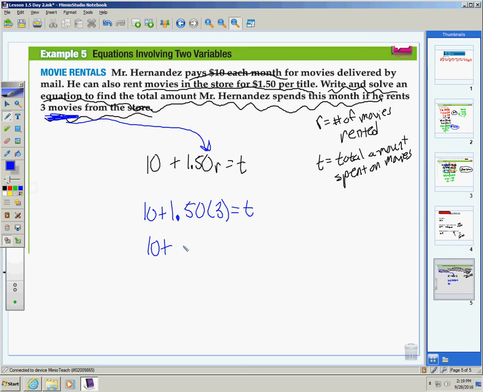Add those two together. 14.50 equals T, which means he spent $14.50 on movies this month.